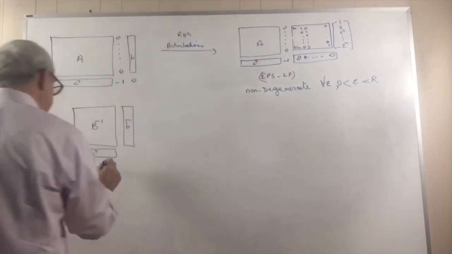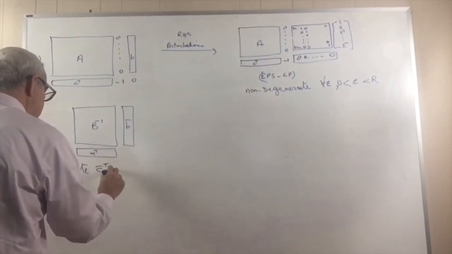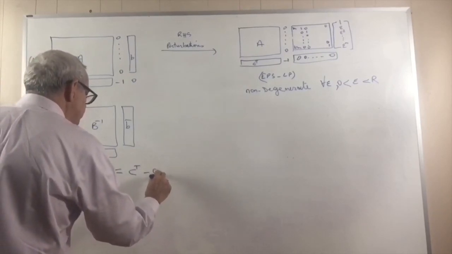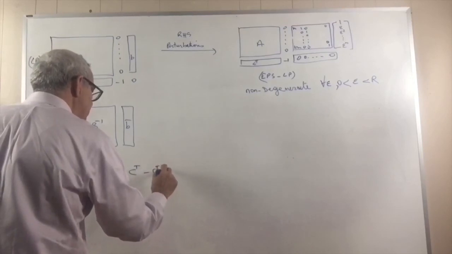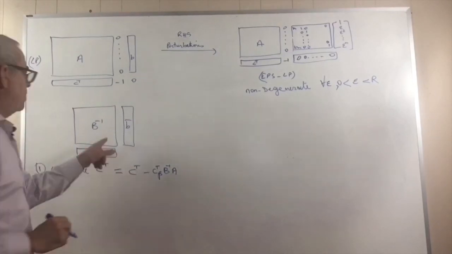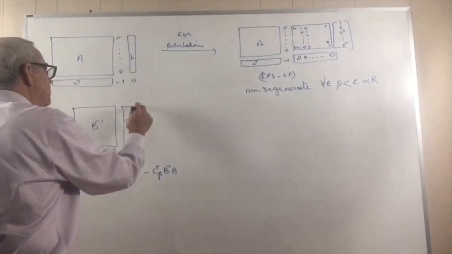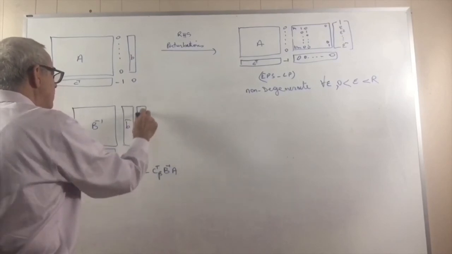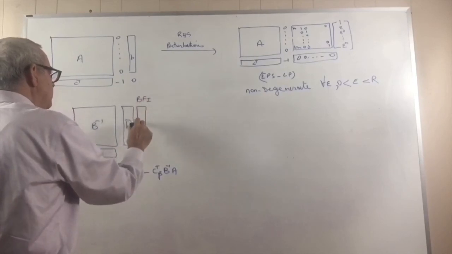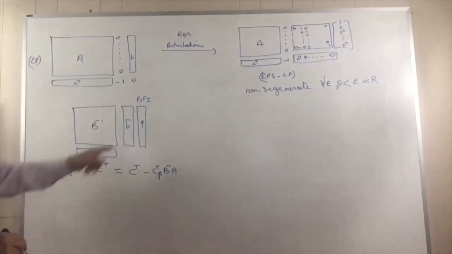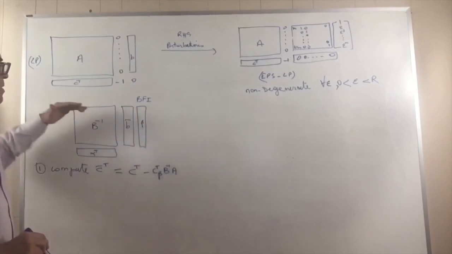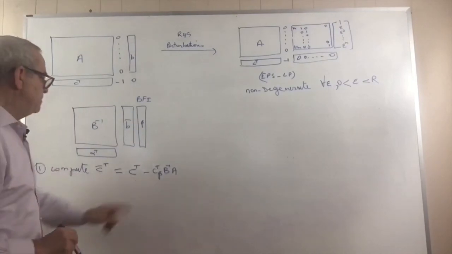That is equal to C transpose minus C beta transpose B inverse A. Also in the revised simplex, we keep track of the basic feasible index set, beta. In other words, we keep track of the indices of the basic variables and which row they are in. That's beta.